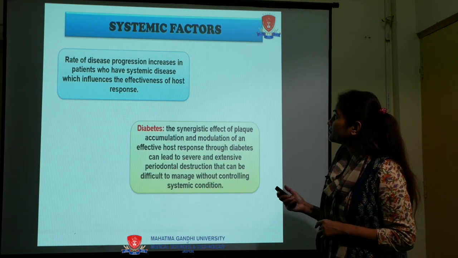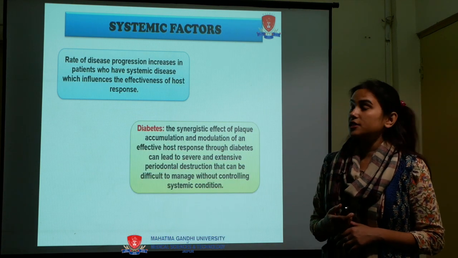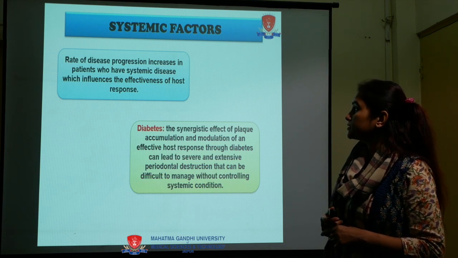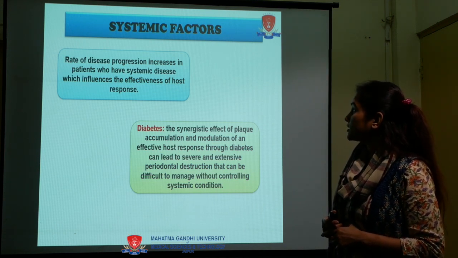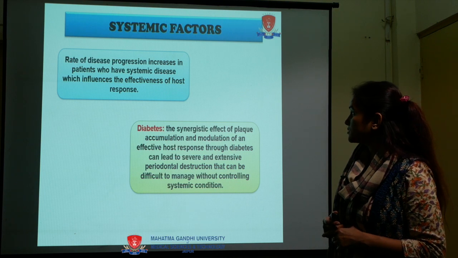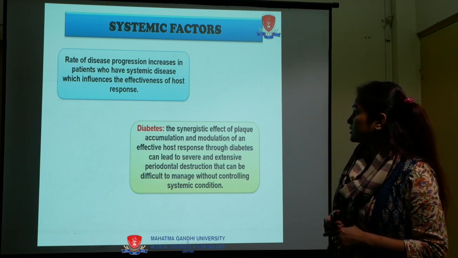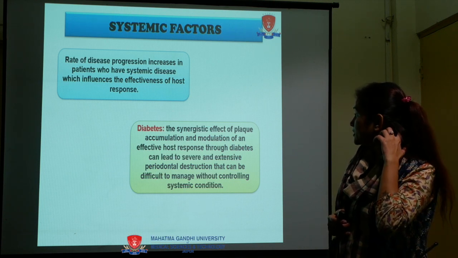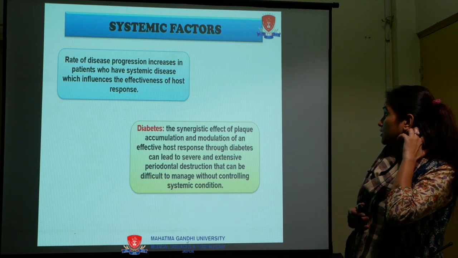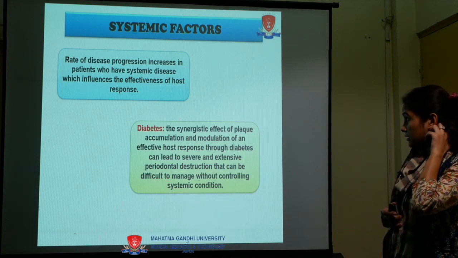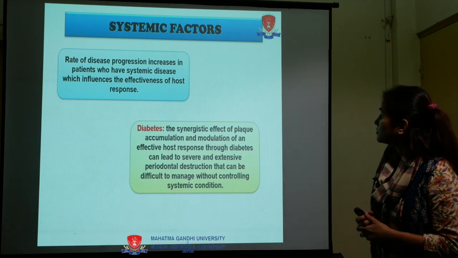Coming to systemic factors, the rate of disease progression increases in patients who have systemic diseases which influence the effectiveness of host response, especially diabetes. In diabetes, chronic periodontitis is the sixth complication.